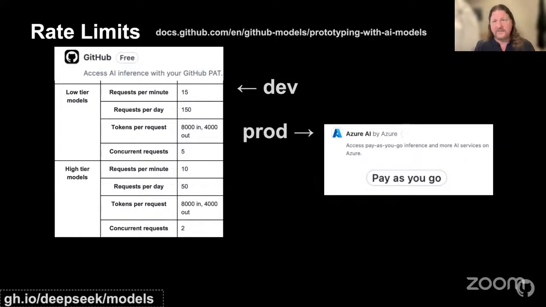So this is enough to get you started and playing with it and trying out those models and maybe writing some test code. But when you actually go and deploy it, that's when you go and you get an Azure AI key. Again, everything else works exactly the same. Don't need to change any other code. You just drop in that Azure AI key so that you can pay as you go in your production app.